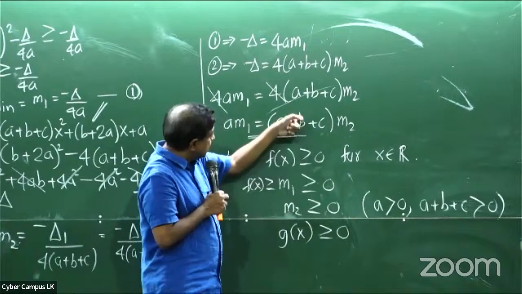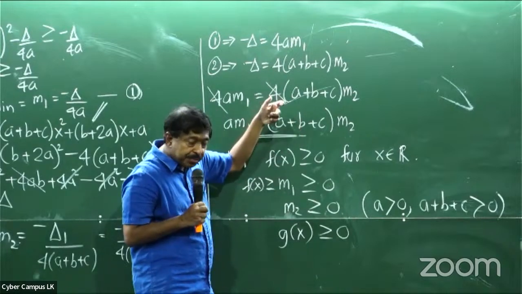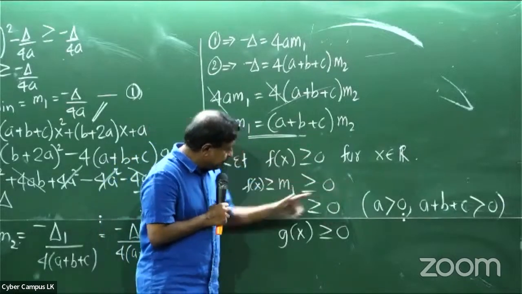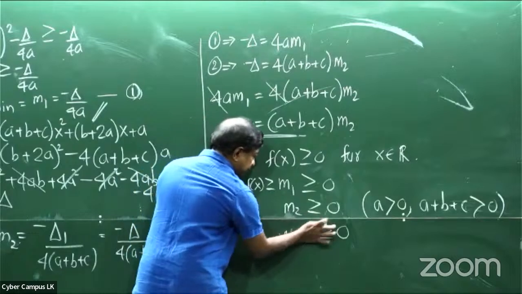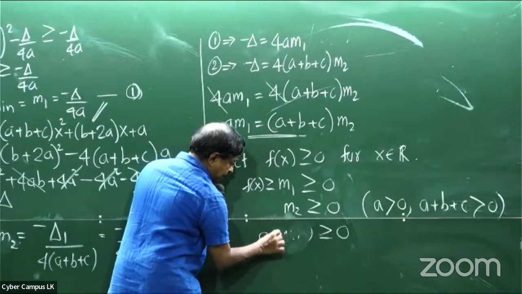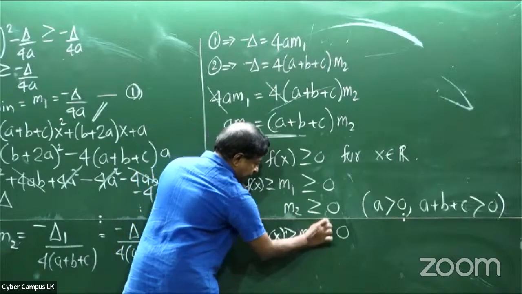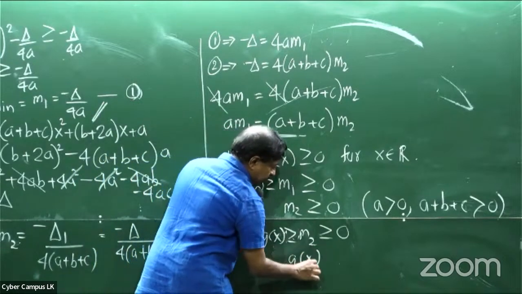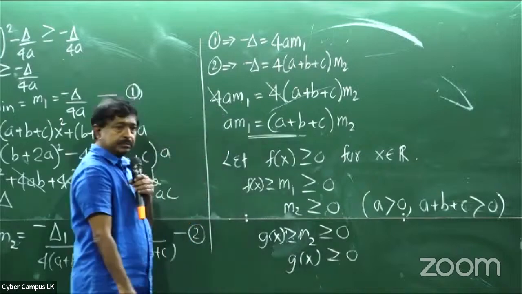Therefore M2 is greater than or equal to 0 from this relationship. Therefore, if M2 is greater than or equal to 0, g(x) is like this. Therefore, g(x) is greater than or equal to 0.